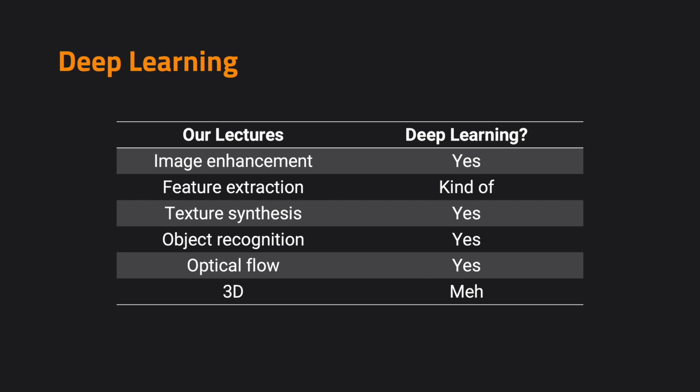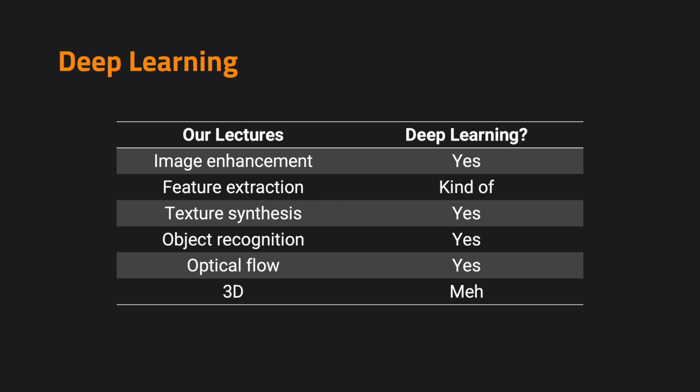For image enhancement, most of the current techniques are deep learning based. People are learning a lot of filters that can enhance the image much better. And very likely on your phone, when you take a picture, those low-level filters learned by deep learning are helping you to beautify your pictures.